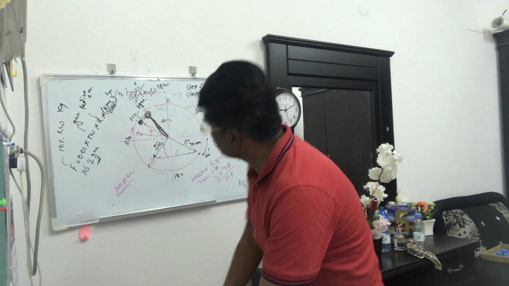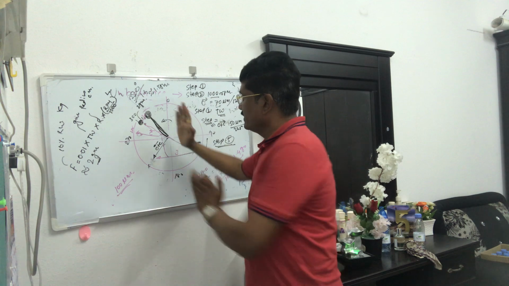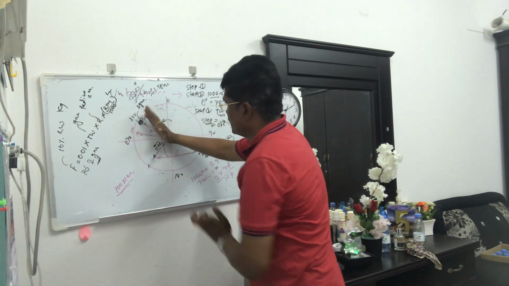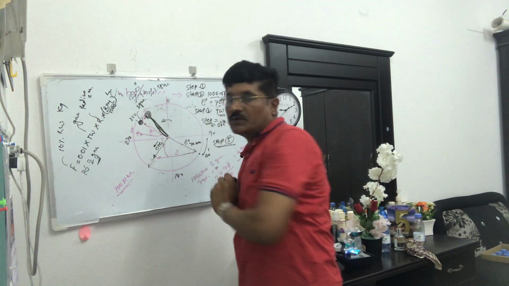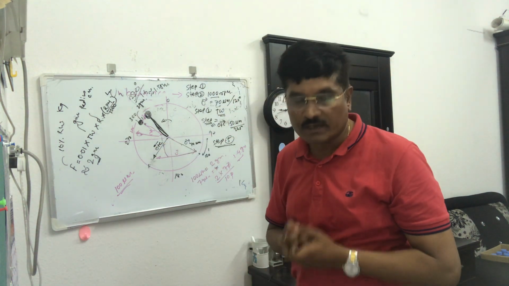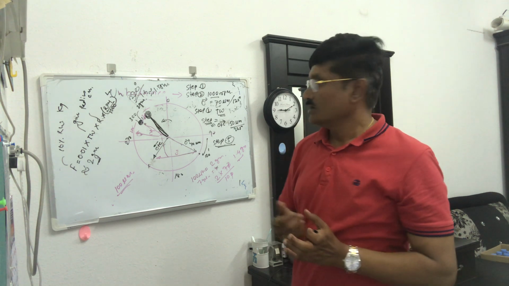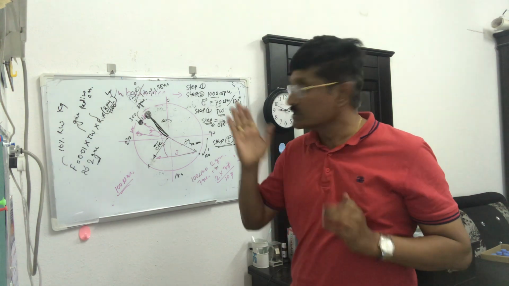If you add this weight of 1.5 gram at 320 degrees, then the effect will shift 20 degrees counterclockwise, it will nullify this 70 micron vector, and our rotor will get balanced. So dear friends, this is the system, these are the steps.